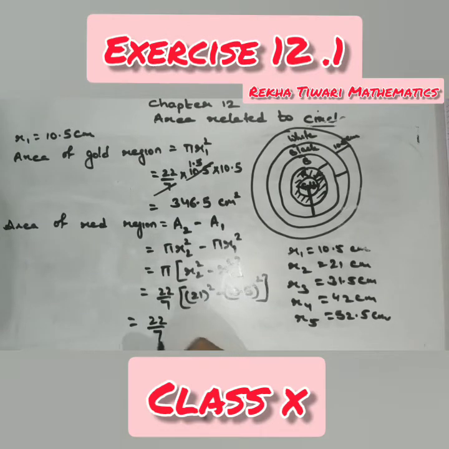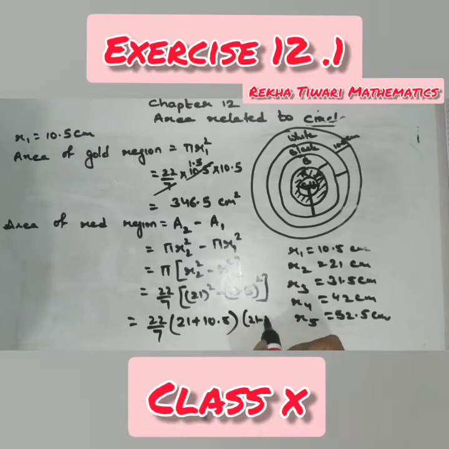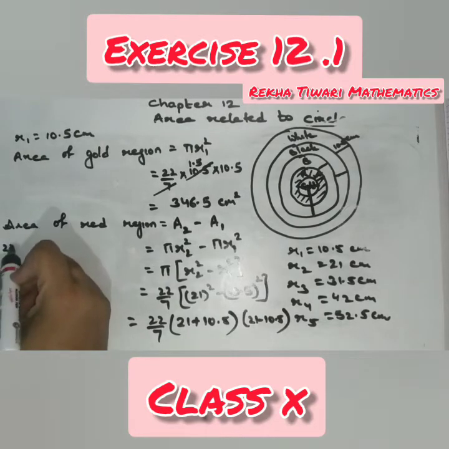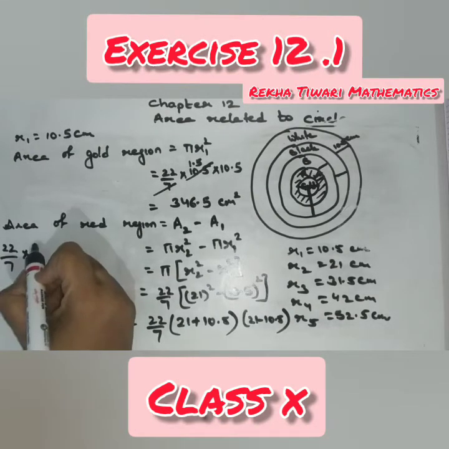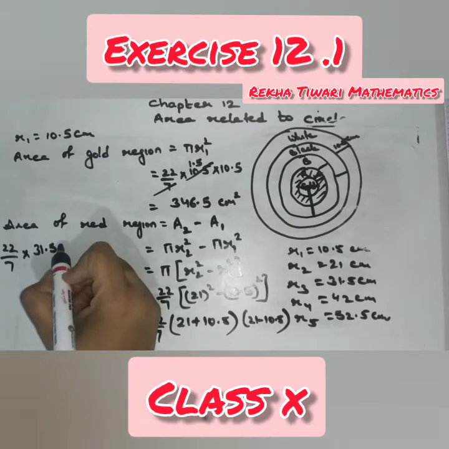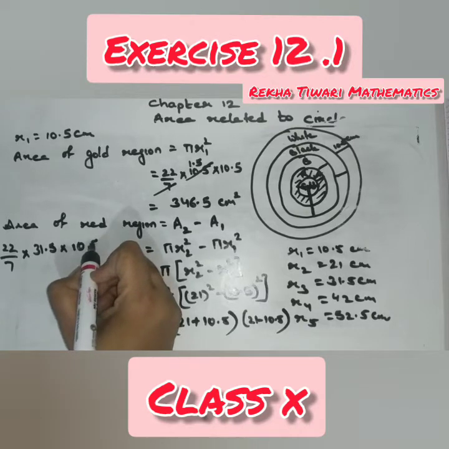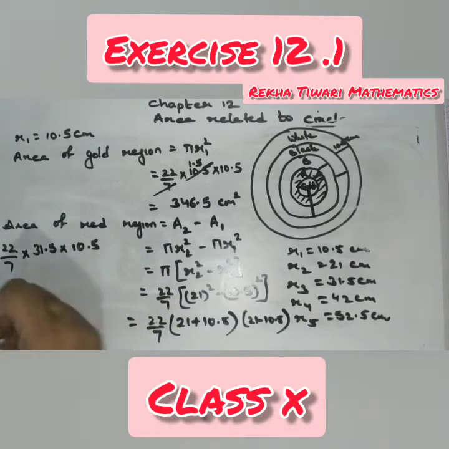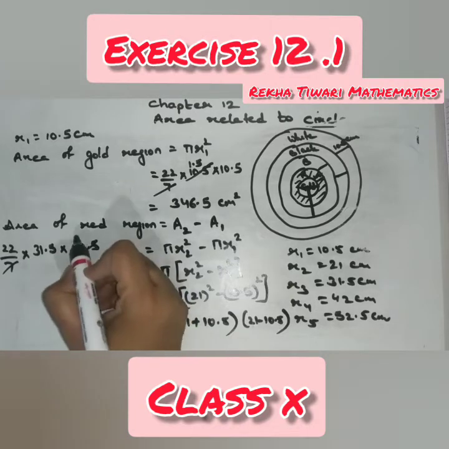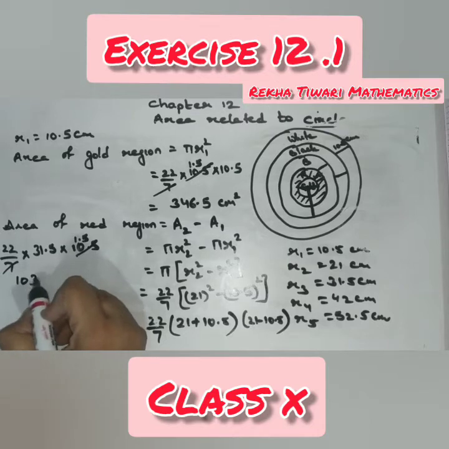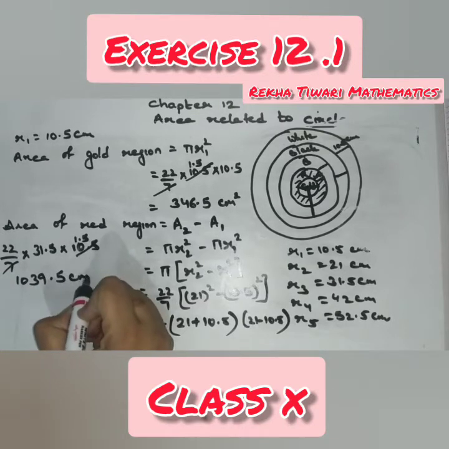So this is 22 by 7, 21 plus 10.5, 21 minus 10.5. This implies 22 by 7 into 31.5 into 10.5. Cancel this, and when you multiply these three, you will get 1039.5 centimeter square.